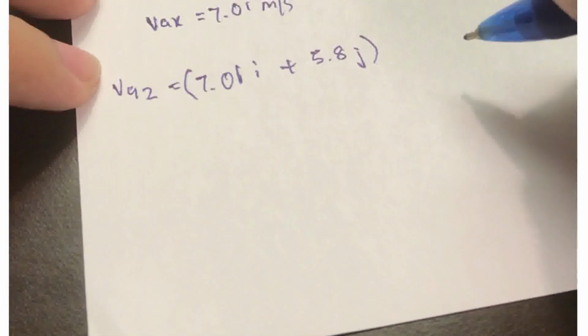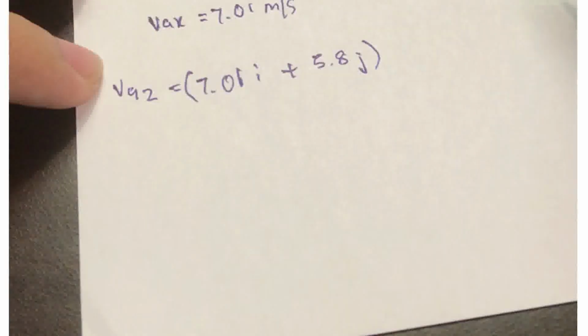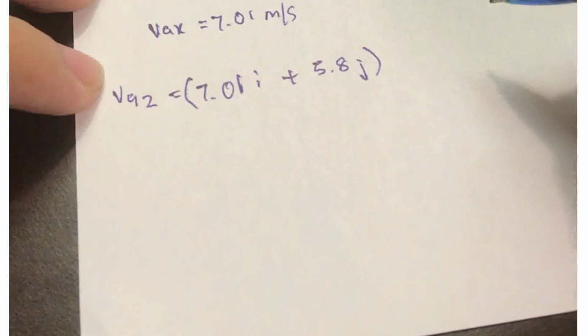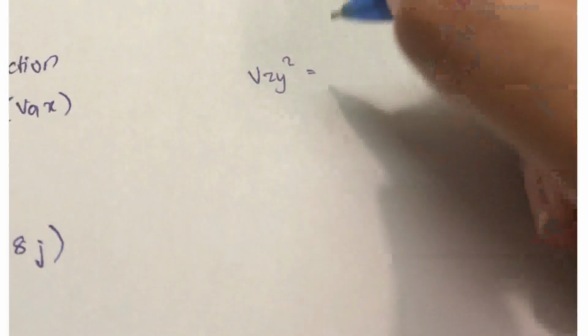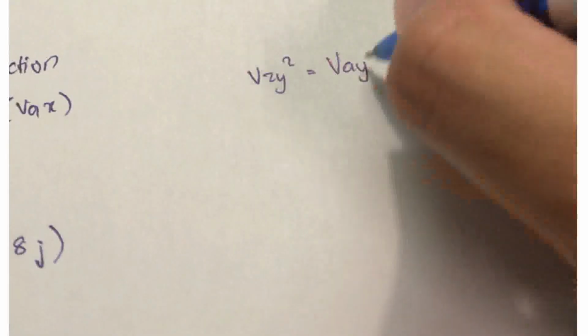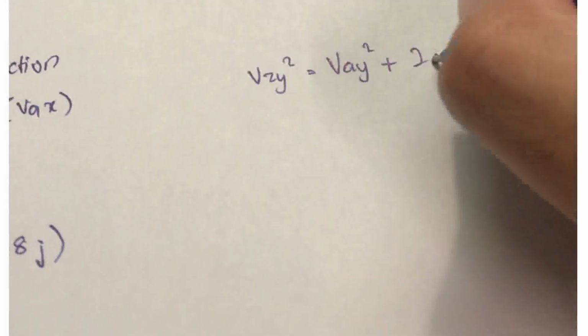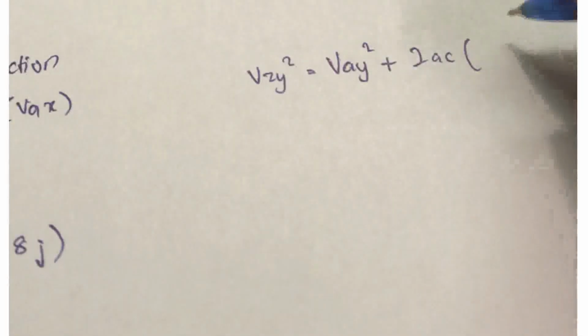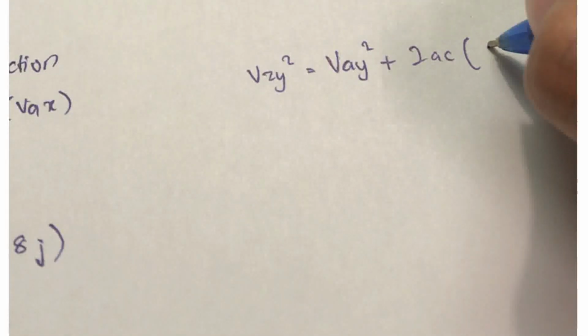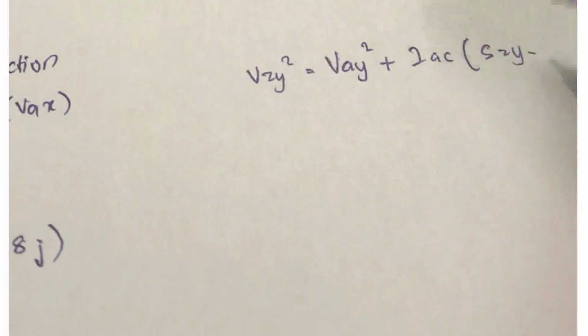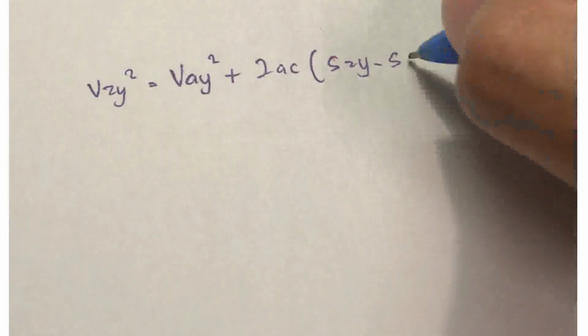And the kinematic equation for vertical motion of the ball after rebound will be V2y squared equals Vay squared plus 2ac times (S2y minus Say).